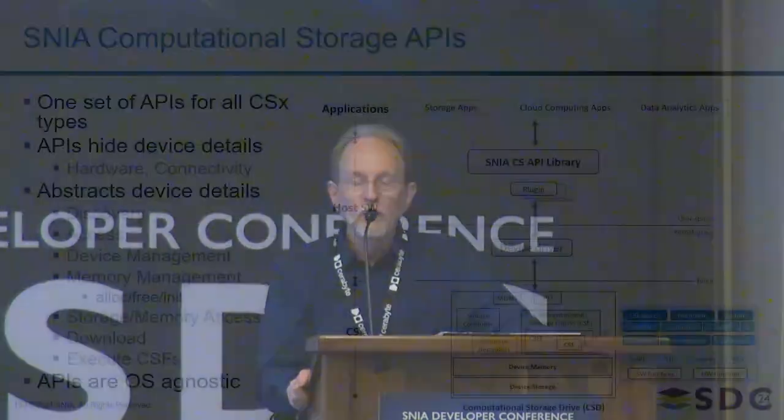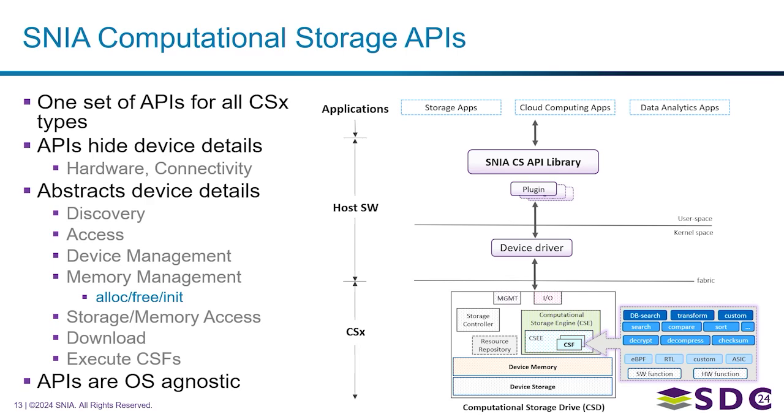So for the API, I'm going to start, as Jason did, with an overview of what we presented last year, just to bring people up to speed for those who may not have been through these presentations. This is our overview of what we have in the 1.0 API, or what the goal of the API in general is.